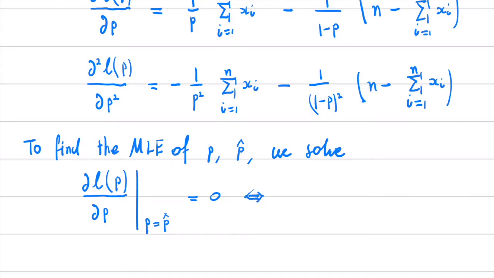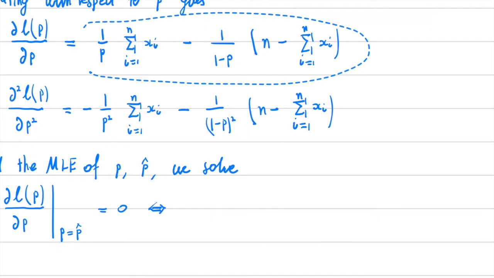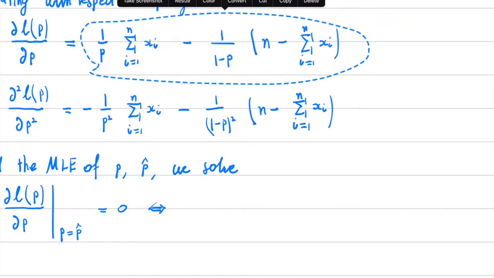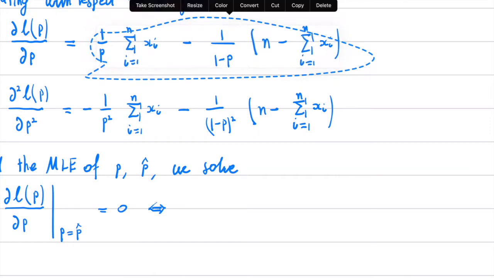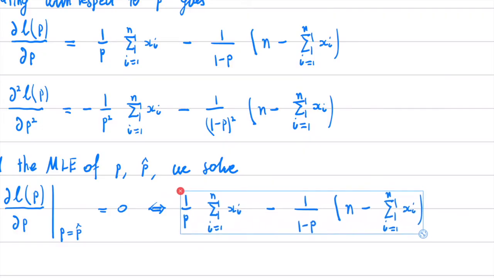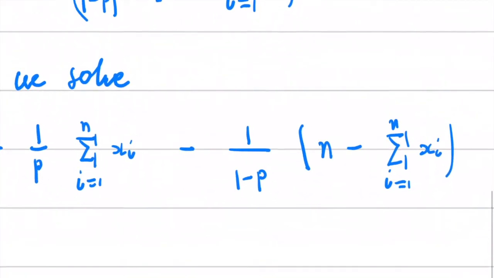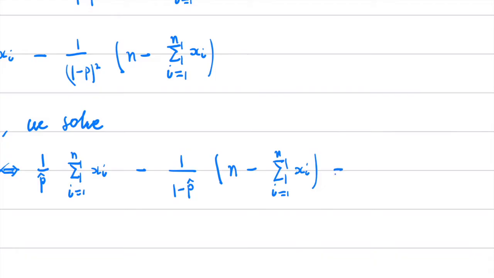If and only if, okay, let's take our function that we have up here, copy that, paste it there, but we're evaluating that function at p hat, and that has to be equal to 0.